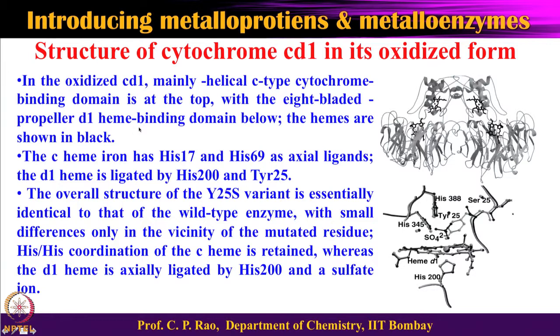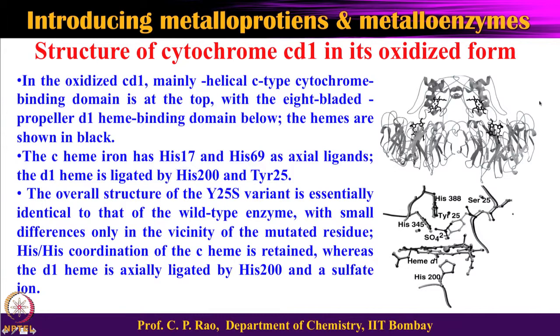In the oxidized form of the cd1, there is the mainly helical c-type cytochrome c domain, and you have two types of domains: the domain D1 which is over there, and then the cytochrome c type which is involved on the top, and the D1 is over here, and that is how it is involved.